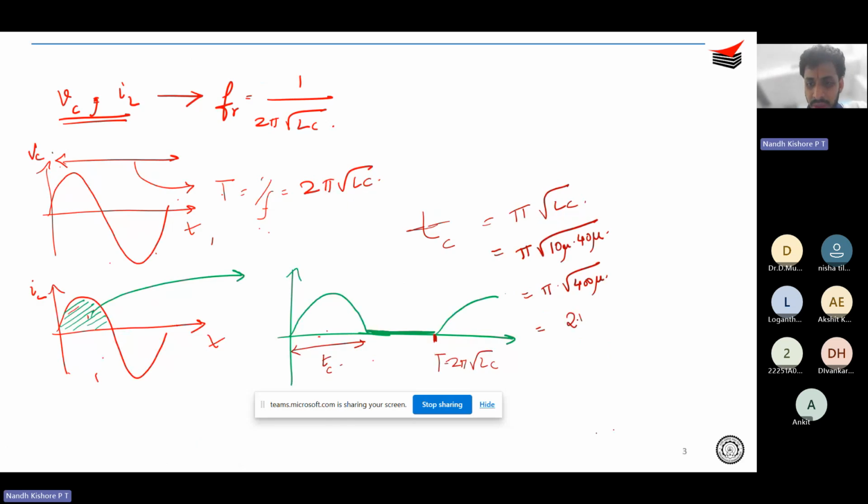So it's going to be 20 pi, we'll just keep aside micro for right now, so it will be 20 pi microseconds. So 20 into 3.14, so something around 60 microseconds or so we should get.